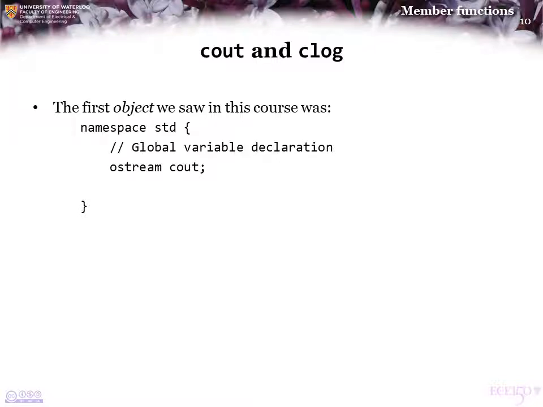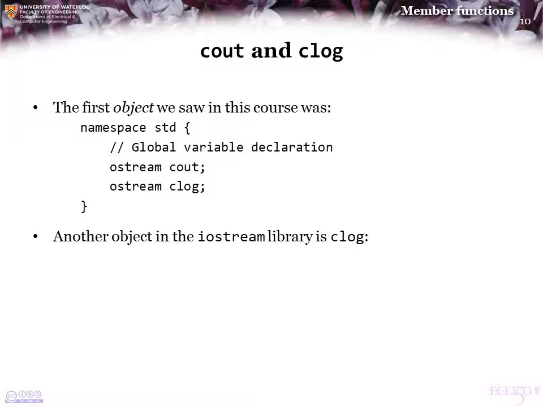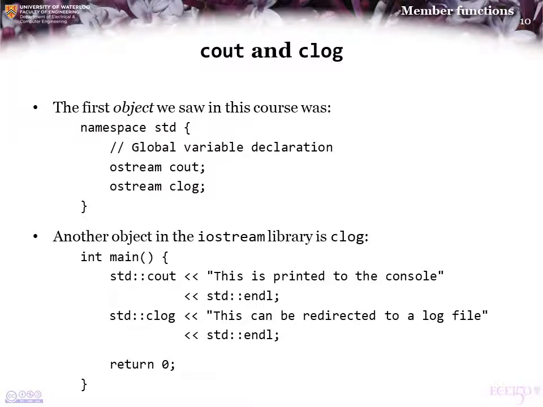Now, just to give an example, there's another object in the iostream library that is called clog, or console log. It is also of type oStream, and you could print something to either cout or clog. Now, by default, everything that is printed to clog is also directed to the console.